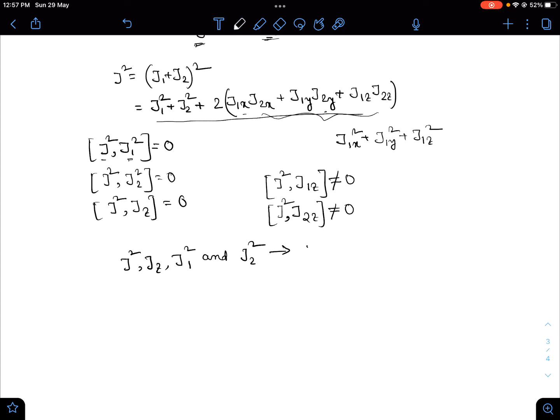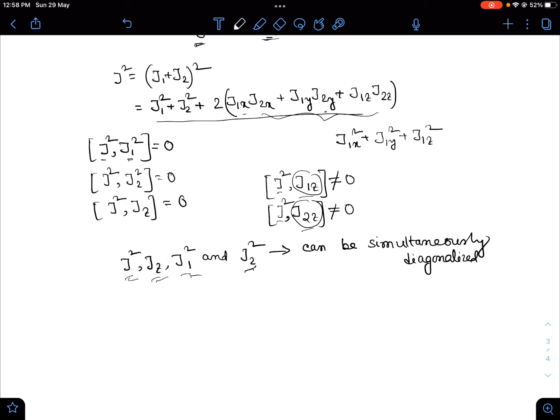Only these 4 can be simultaneously diagonalized. We cannot diagonalize J square, Jz, J1 square, J2 square, J1z and J2z simultaneously, because J square and J1z don't commute, and J square and J2z don't commute. So only these 4 can be simultaneously diagonalized.